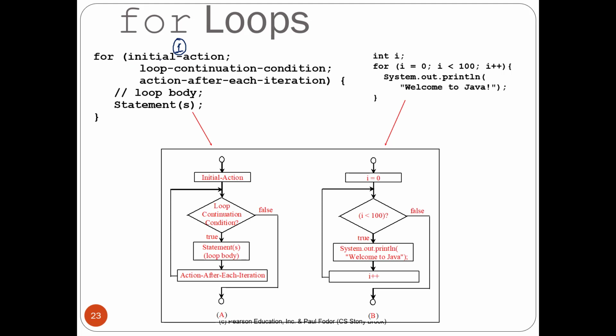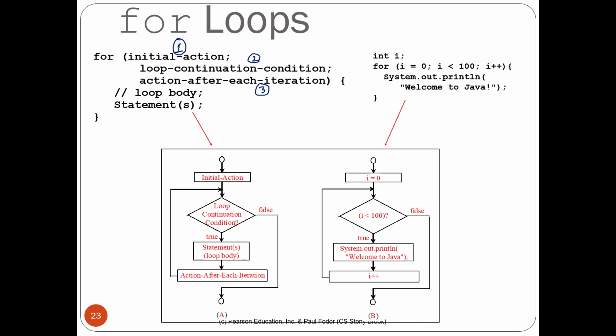So initial action separated by a semicolon, followed by a loop continuation condition, just like the condition which you had in the while and do while loop. And then you have the third part, which is the action after each iteration. And then you have the body of the for loop.